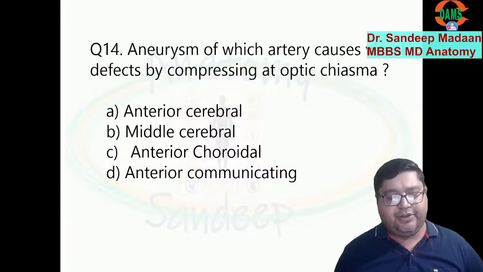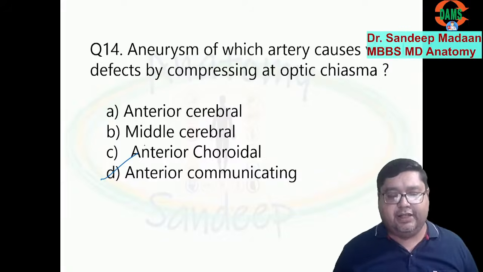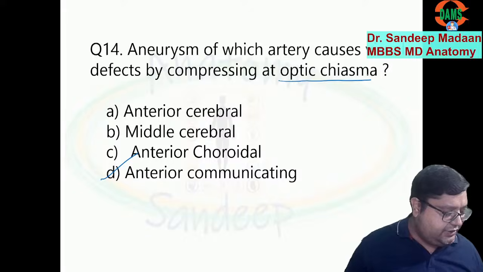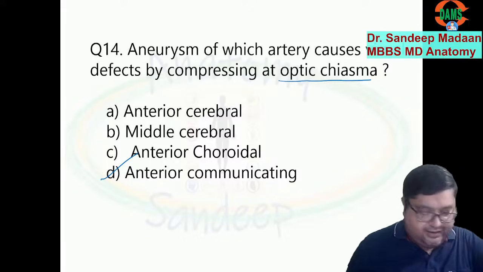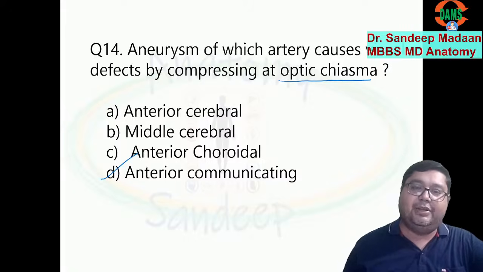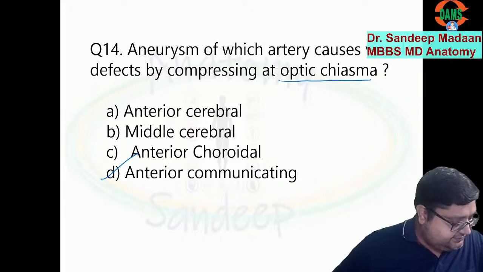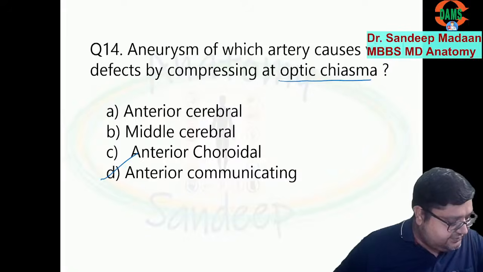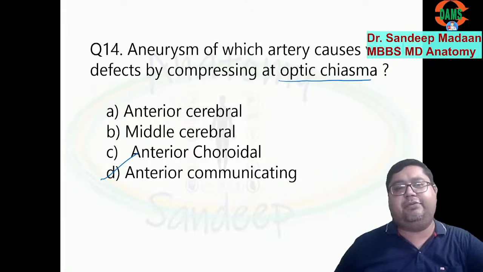Next question, aneurysm of which artery, is a straightforward question, and the answer is anterior communicating artery aneurysm. If there is a compression of the optic chiasma, which defect will come? Tell me.